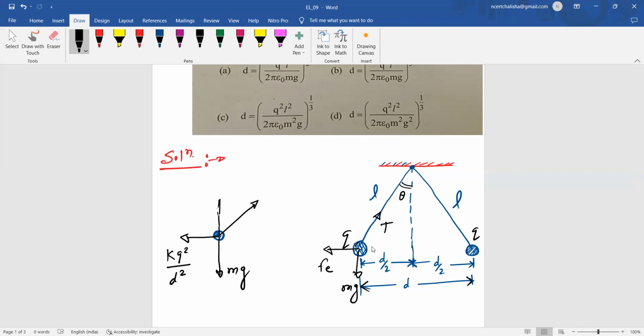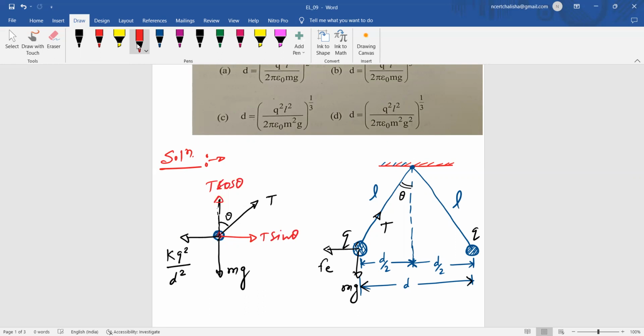So here I have already drawn the diagram. You can see this angle will be theta only, and this is the tension in the thread. If you balance the forces, we have two components of this tension. One is along the vertical direction, that will be T cos theta, and the other is opposite to the electrostatic force, that is T sin theta.